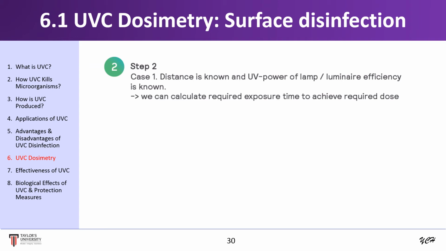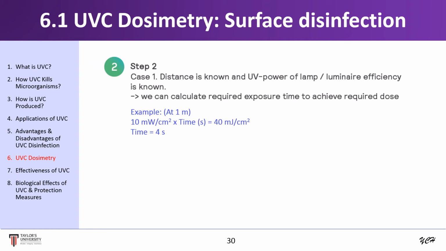In the second step, if the distance is known and the UVC power of the lamp is known, then we can calculate the required exposure time to achieve the dose that we want. Say, for example, at 1 meter away, the irradiance of the UVC is 10 milliwatts per cm square, as given by the manufacturer.